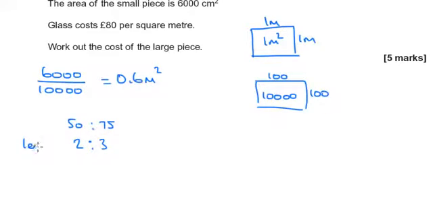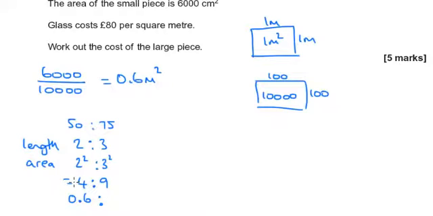That's the length ratio. Then the area ratio is 2 squared to 3 squared, which equals 4 to 9. So this is how the areas are related. The small area is 0.6 metres squared. So if we have 0.6 here, what will we have here?